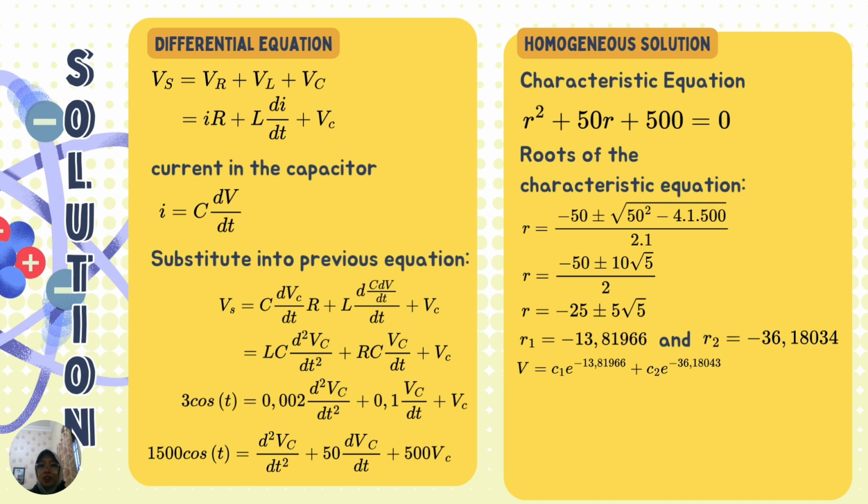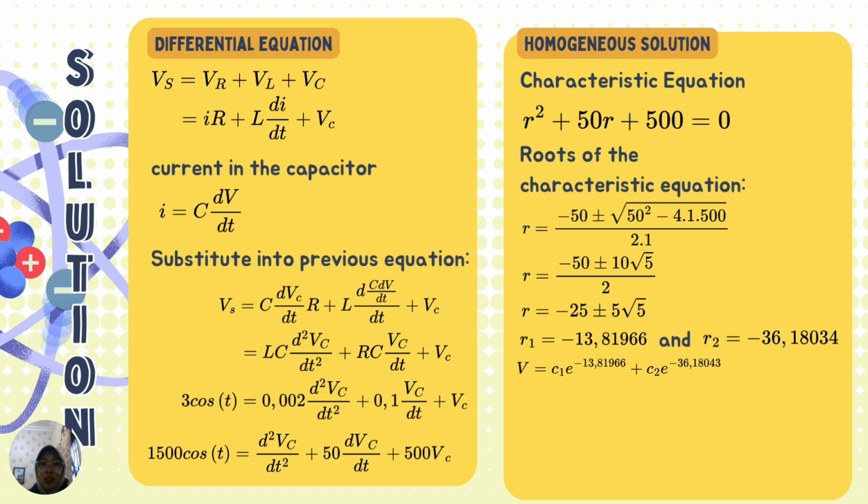And then we find the homogeneous solution. The characteristic equation is r squared plus 50r plus 500 equal to 0. Using the ABC formula, the roots of the characteristic equation are r1 equal to minus 13.81966, and r2 equal to minus 36.18034.